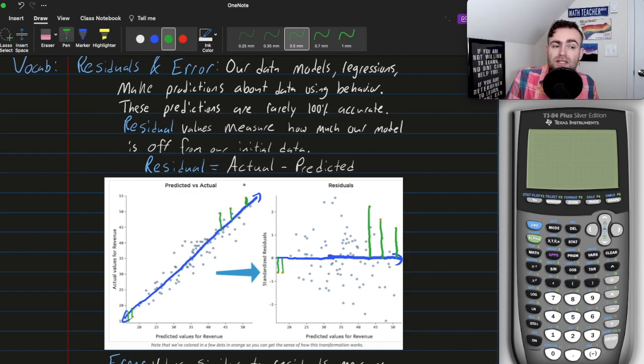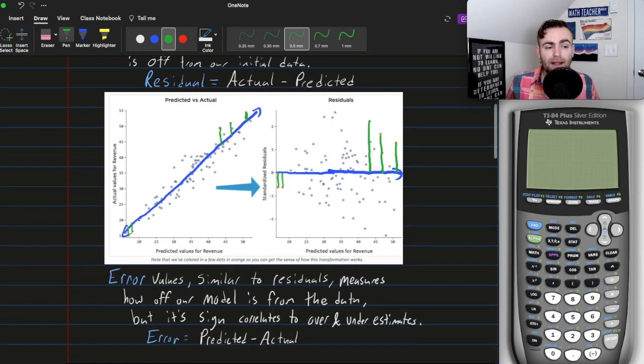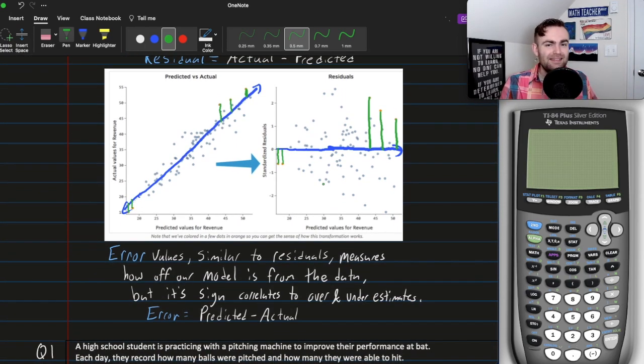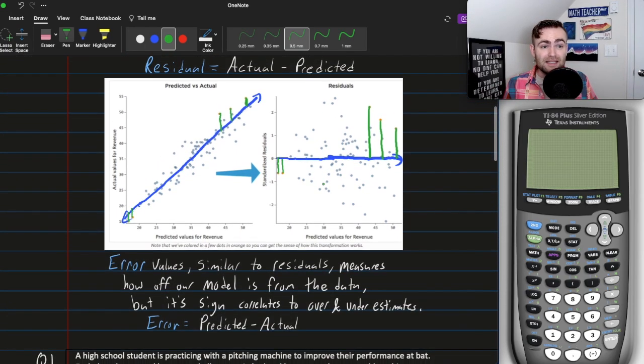So to calculate a residual, you would take the actual value we have and subtract the predicted value from our regression equation. Error is the opposite, and I do mean opposite in the entirety of the word: they have the exact same number, opposite sign. Because error is predicted minus actual, since you are flipping those two things, it's going to produce an opposite value.